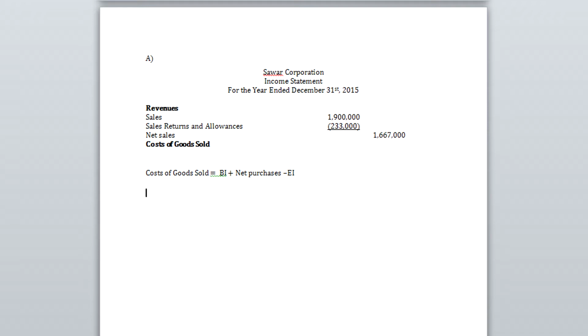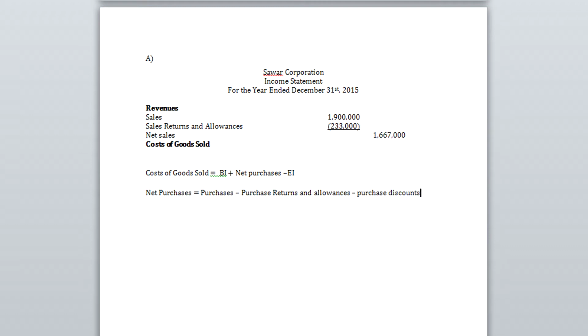And net purchases actually has its own calculation. Net purchases equals the same thing as net sales, actually. You know how net sales was sales minus sales returns and allowances minus sales discounts? Same thing here. Net purchases equals purchases minus purchase returns and allowances minus purchase discounts.